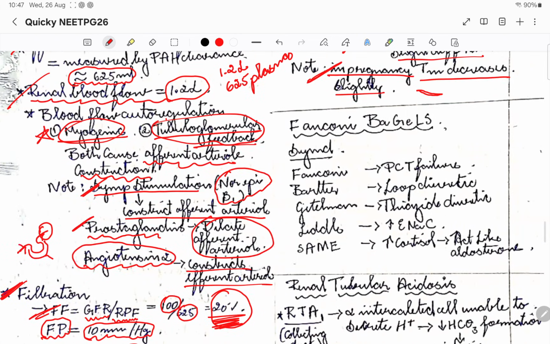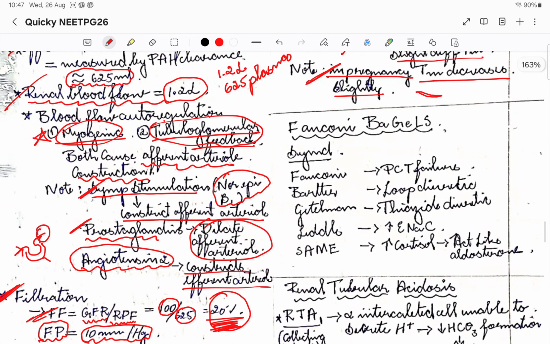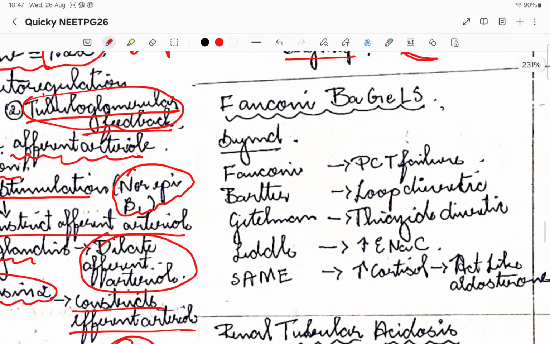Now coming to the disorders with respect to the nephron, please remember Fanconi bagels, you know that, right? A bagel is just like a donut, a staple that they eat in the United States. So please remember this mnemonic. The Fanconi syndrome means there is a PCT failure.